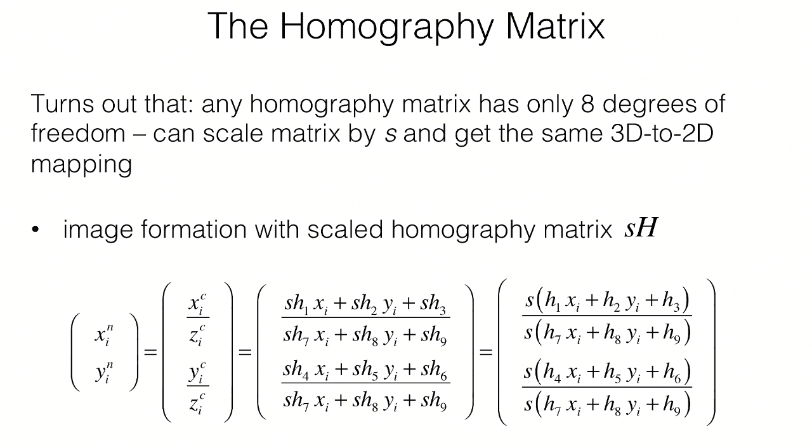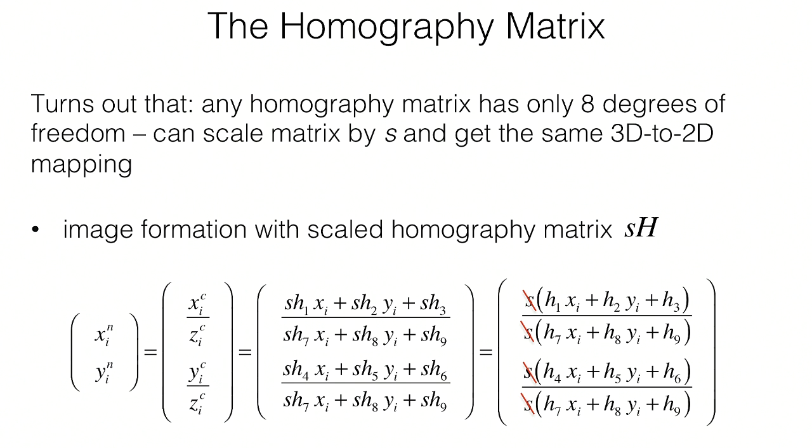It turns out that a homography matrix has only 8 degrees of freedom, even though there are 9 values in there. That comes from the fact that you can scale the homography matrix by a scalar S. If that is a constant for all values of the homography matrix, the actual image formation, which is the multiplication of the first row of the homography matrix with the point coordinates divided by the third row, lets you pull out the S value and it just cancels out.